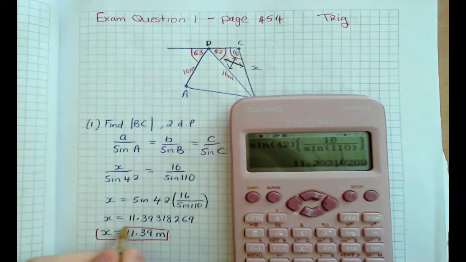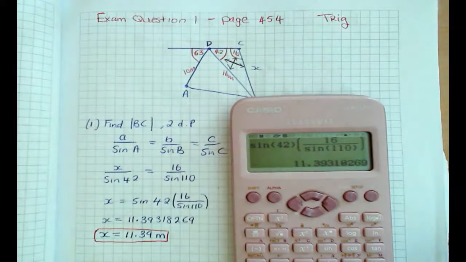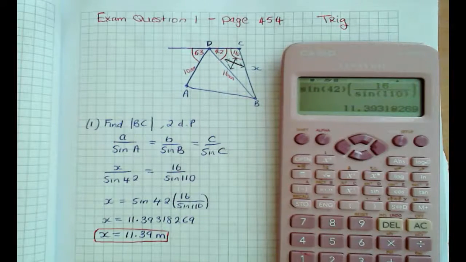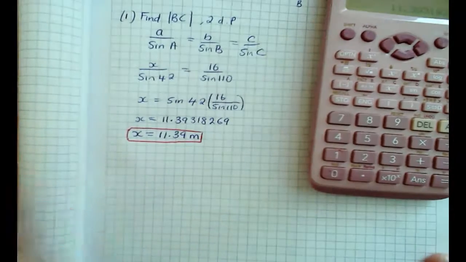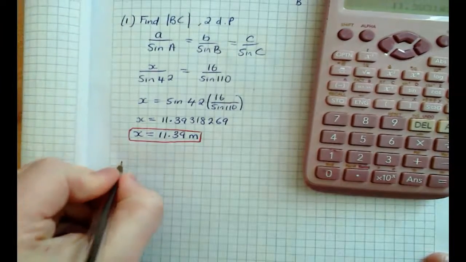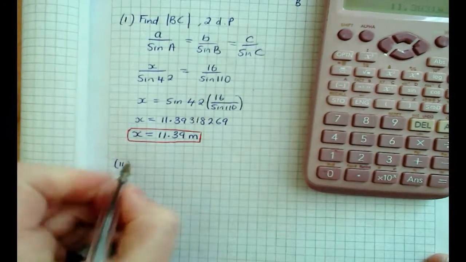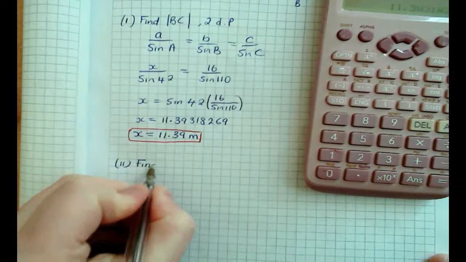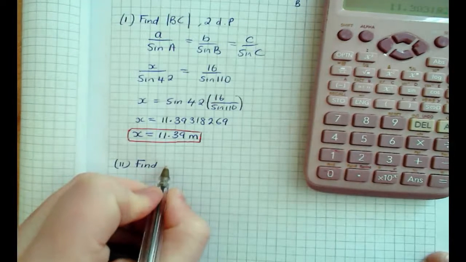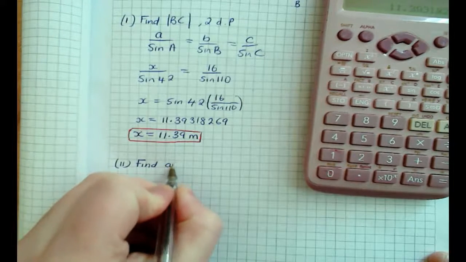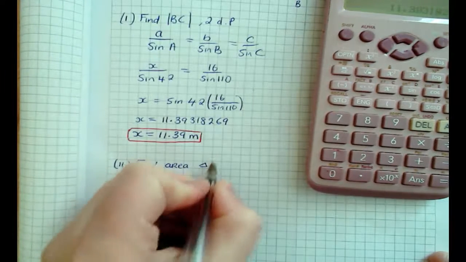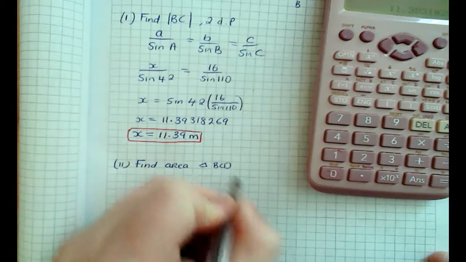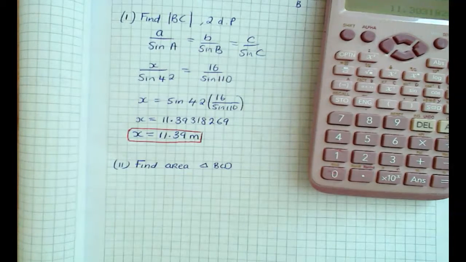Hopefully we could all manage that. So part 2 of the question then asks us to find the area of the triangle BCD.